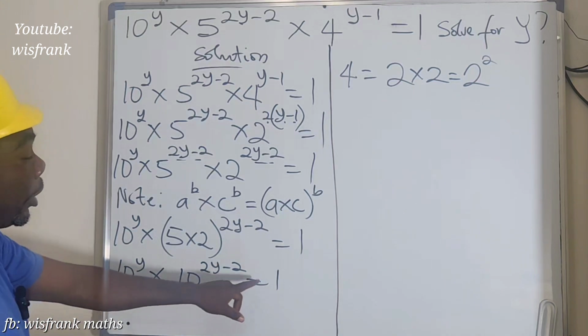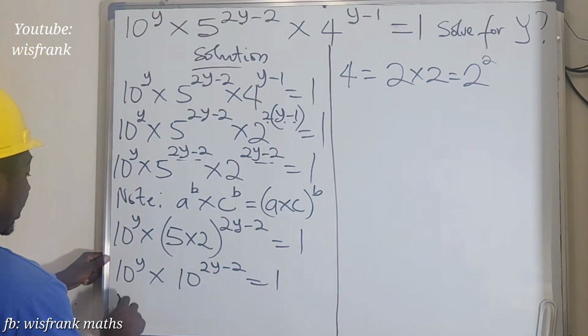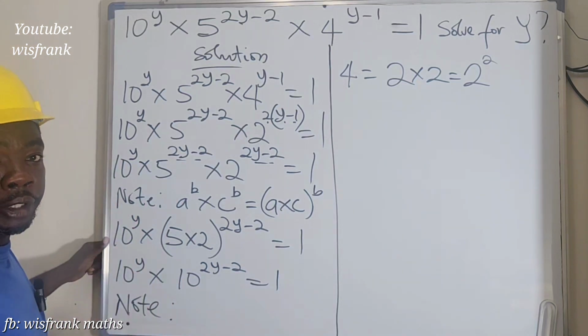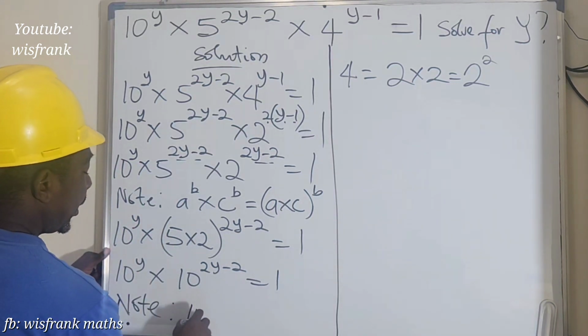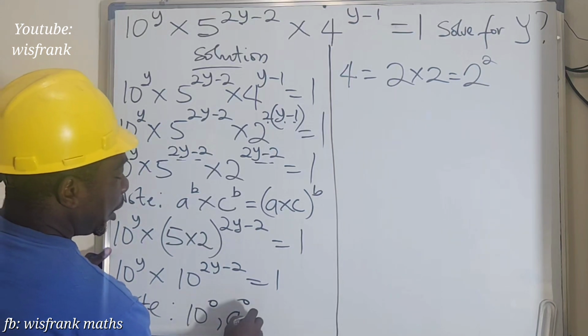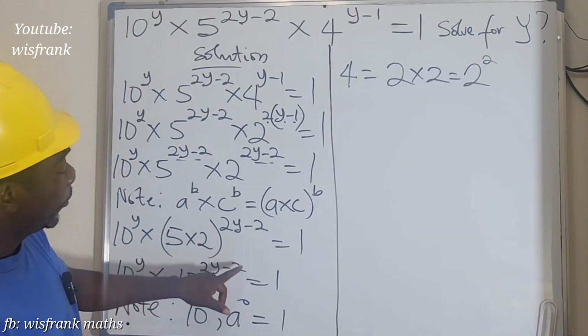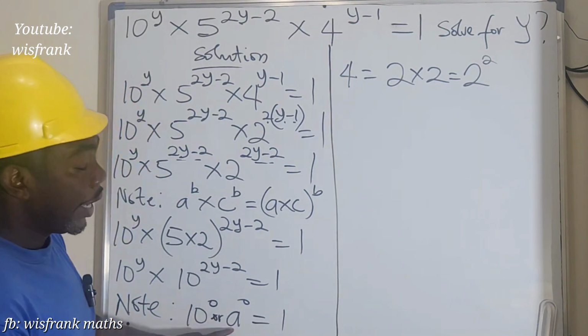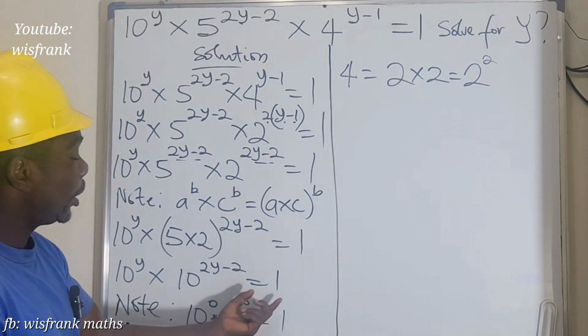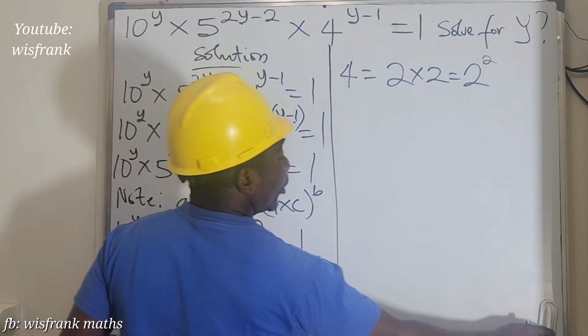Let's recall that in index law, everything raised to the power of 0 is 1. That means 10 raised to the power of 0, or a raised to the power of 0, equals 1. So we are going to substitute this where we have 1.